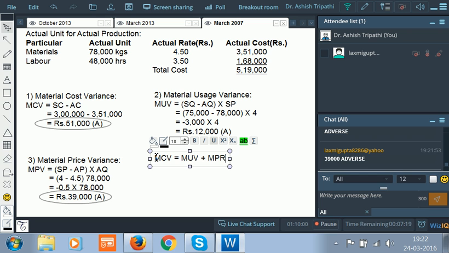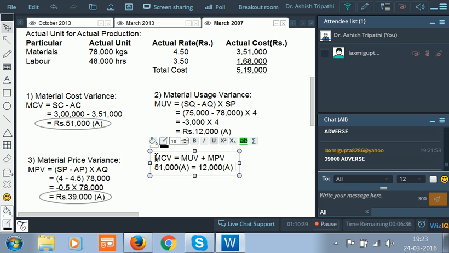Material cost variance is equal to material usage variance plus material price variance. By solving this you can verify whether you're correct or wrong. Material cost variance is 51,000 adverse.